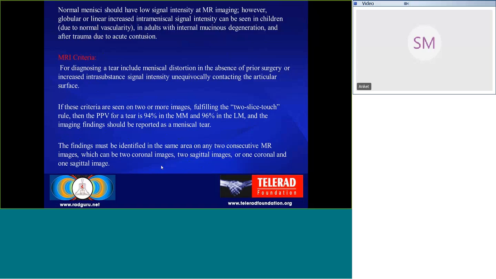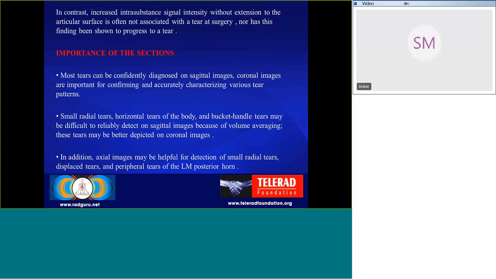So we should see a tear in all the sequences. We should not come to a conclusion and classify a tear by looking at the sagittal or the coronal alone. We should try to see the tears in all the planes as well as in different sequences.